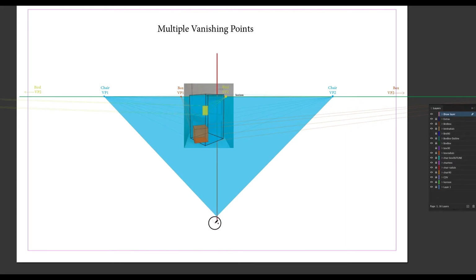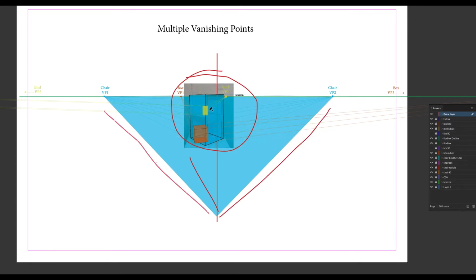That makes us our station point. Our face is right here looking at this scene within our cone of vision, remember. So we've identified a station point, and we could see that our viewpoints for the chair are 90 degrees. This is a 90-degree perfect right angle right there.